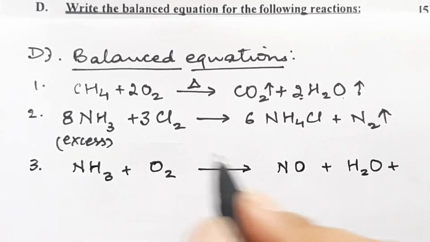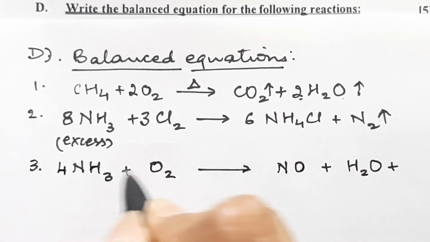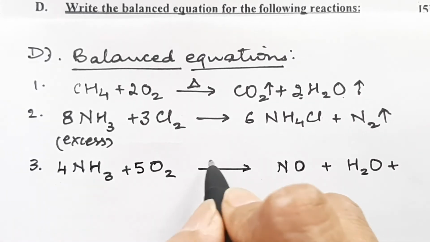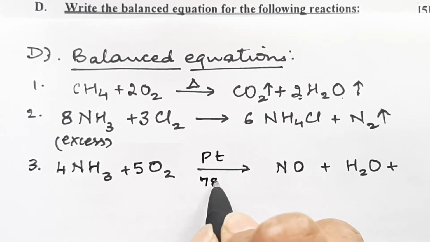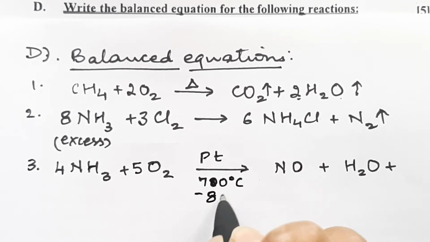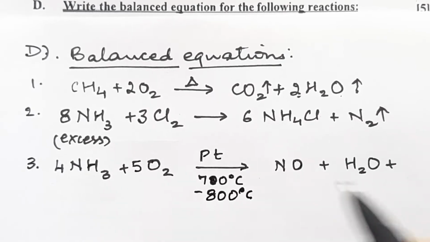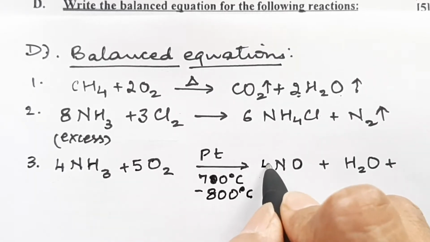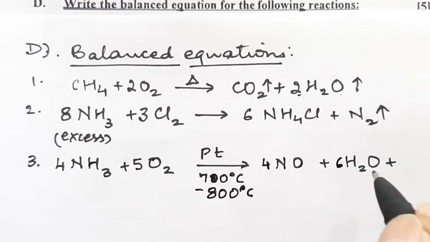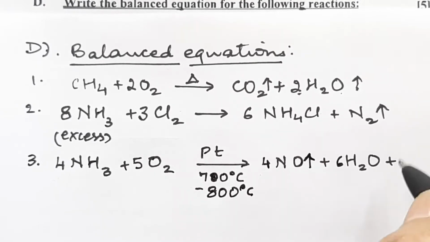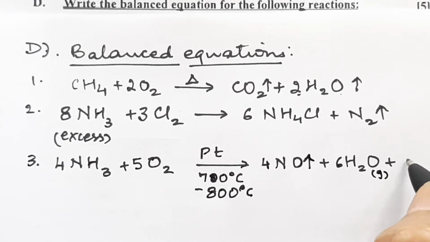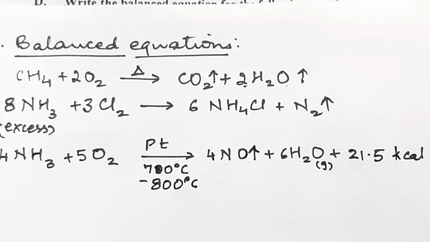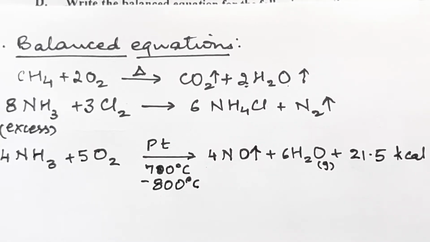Okay, and our reaction is 4NH3 plus 5O2 with platinum at 700 degrees C to 800 degrees C. That's the temperature. It will give us 4NO plus 6H2O. This is a gas, and this is again a gas. It will be plus 21.5 kilocalorie heat.